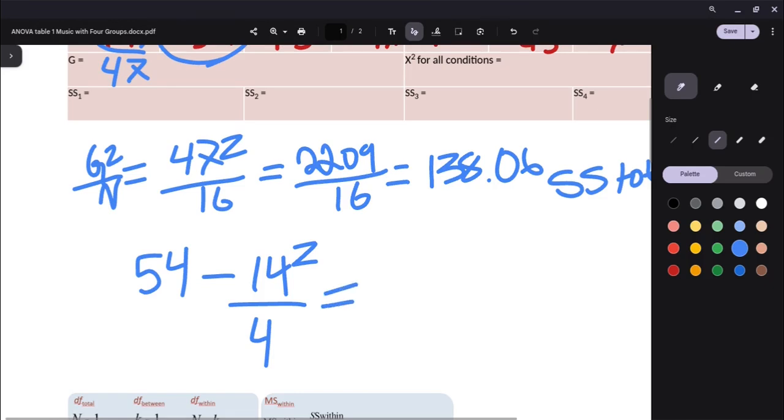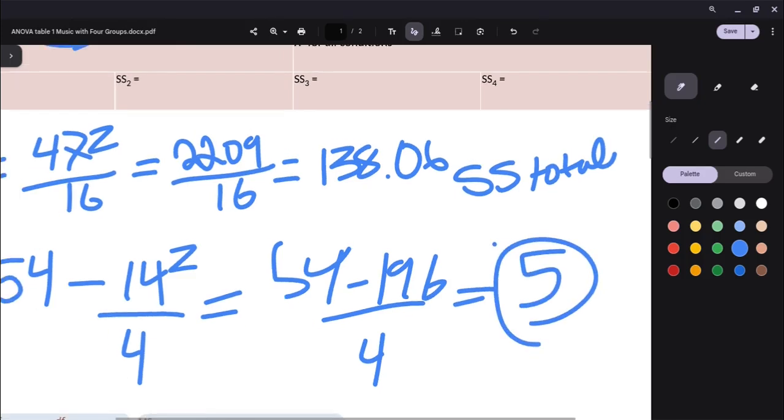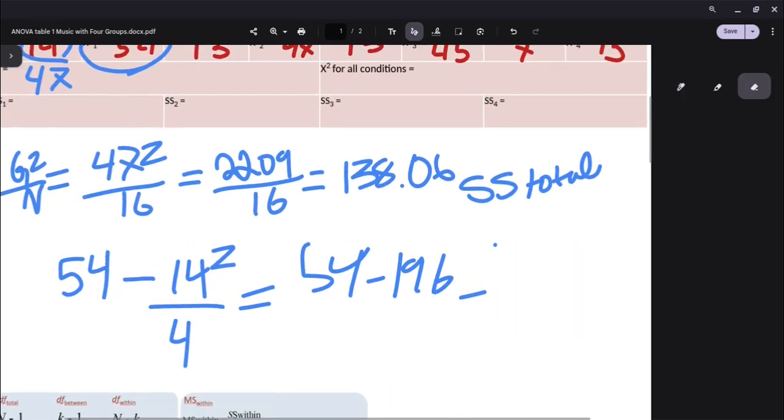Which will be 54 minus 196 over 4, which will be equal to 5 for our first SS.